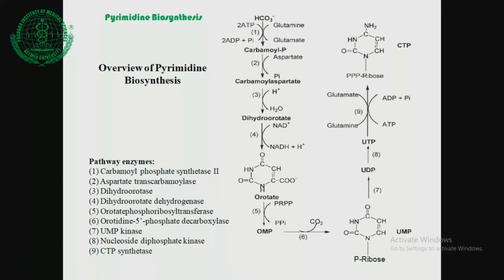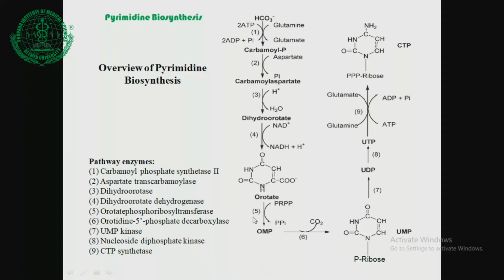The step is mediated by dihydroorotate dehydrogenase. This is a mitochondrially located enzyme that oxidizes dihydroorotate and converts it into orotate. In the next step, orotate is attached or coupled on ribose phosphate sugar that is donated by phosphoribosyl pyrophosphate, and that gives a non-canonical nucleotide called orotidine monophosphate.